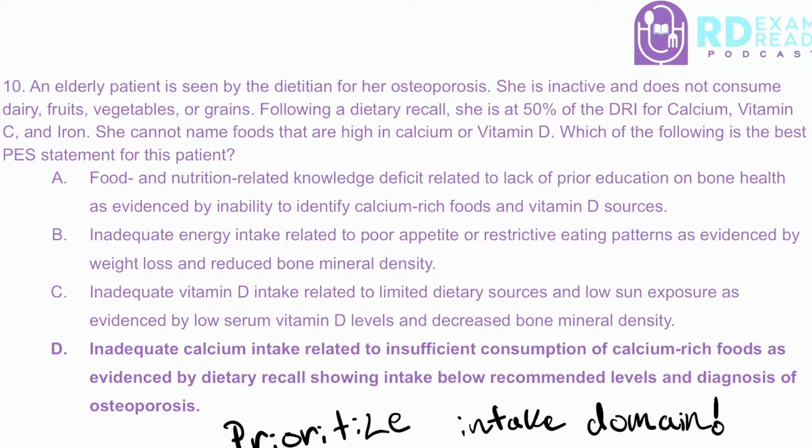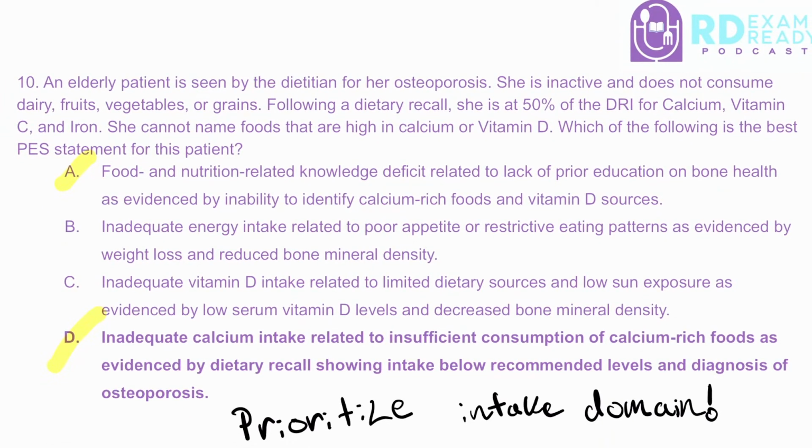So if you recall, we are between answers A and D. A is a true statement, folks. She does have a nutrition knowledge related deficit. It is due to lack of prior education, and it is evidenced pretty well. However, D is a better answer because it's prioritizing her intake.